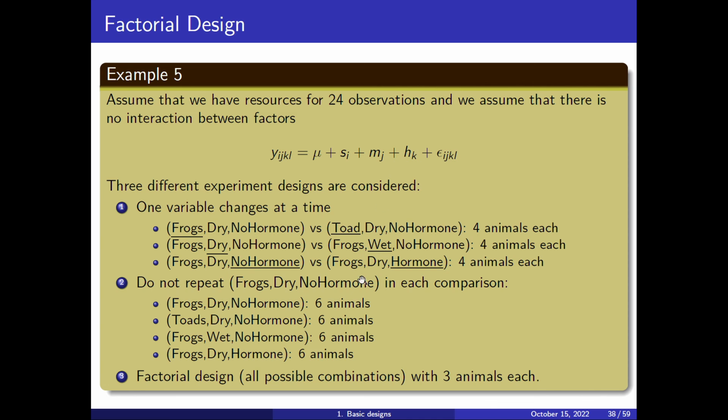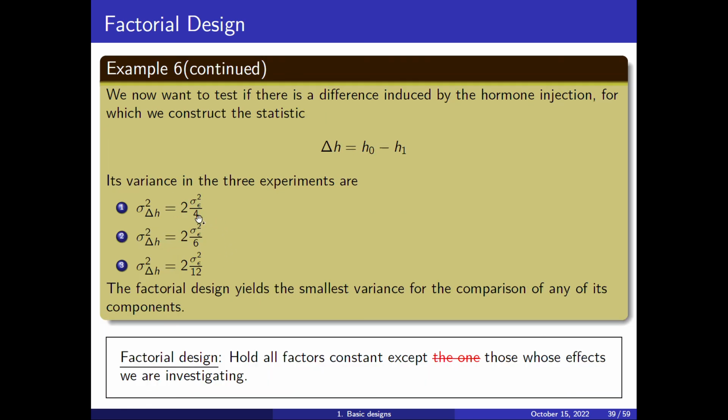When we compare hormone, here we have 4 animals in each one of the groups. So we are computing the mean of 4 animals, and the residuals variance is divided by 4.